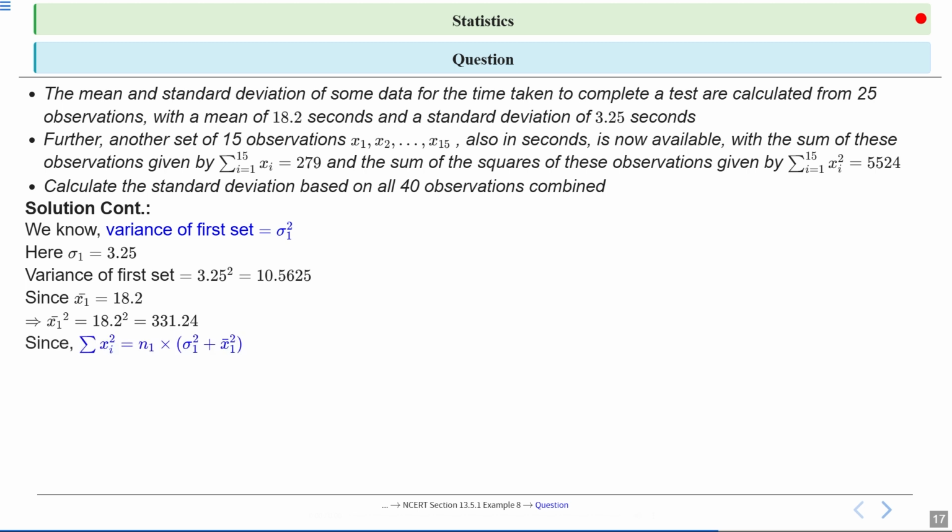Since summation xi square equal to n1 times sigma 1 square plus x1 bar square, summation xi square equal to 25 times 10.5625 plus 331.24, and this is equal to 25 times 341.8025, and this is equal to 8545.0625.